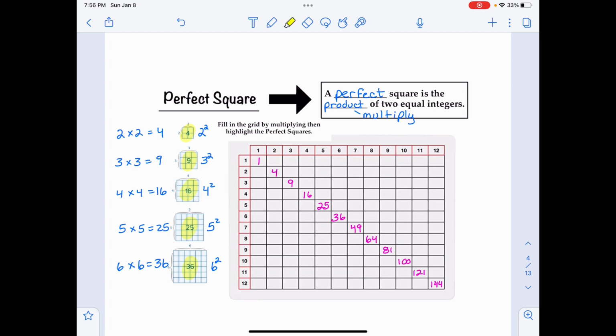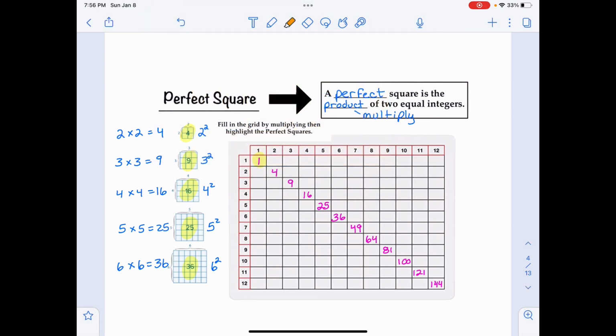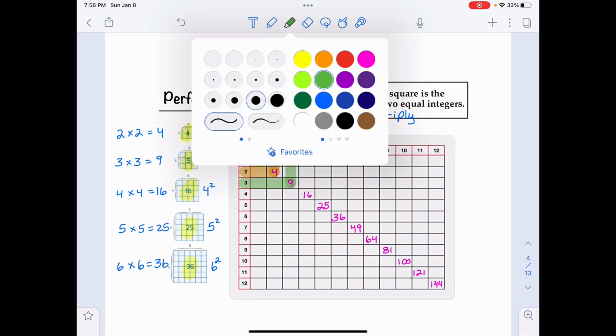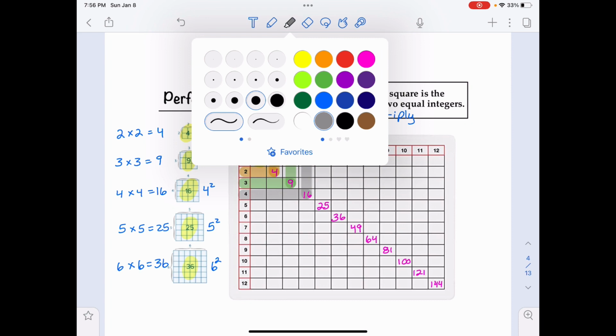Now what I'd like for you to do when you fill yours in, is go through and highlight just as I'm about to do here, so you can visually see what's going on. And I'd like for you to use some color. I'll choose gray. I'll do a couple more.